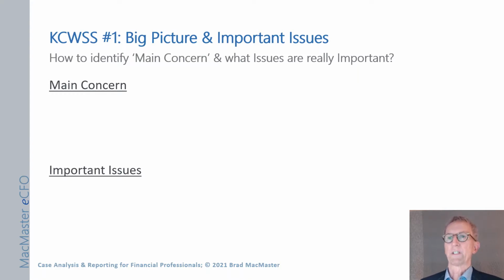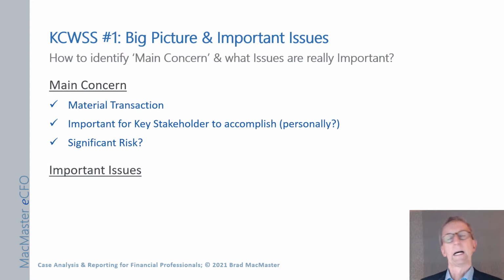So going a bit more deeply into the first key skill, which is identifying the main concern or the key issues that are really important to the client. Some hints here are that the main concern is often indicated by the client's contemplation of a material transaction, like the purchase of another business, the sale of their business, the raising of financing, or possibly dealing with a cash flow problem.